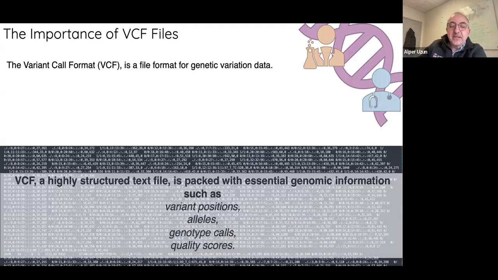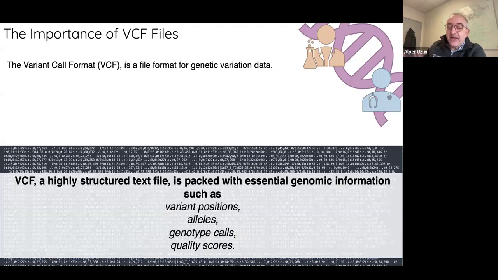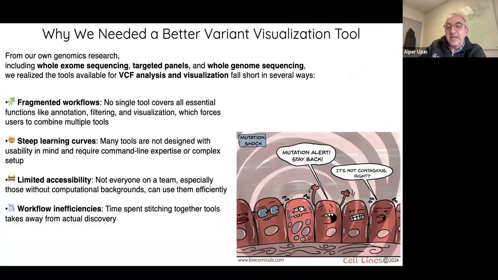It is a highly structured text file packed with essential genomic information such as variant positions, alleles, genotype codes, quality scores, and everything in this matrix. If I ask you to bring me this gene and its related variants, there is no way for a regular person without a coding background to dive into these text files and get it.